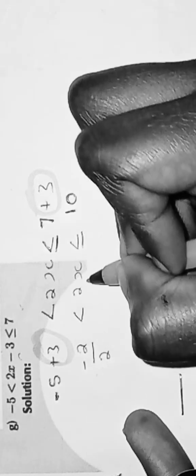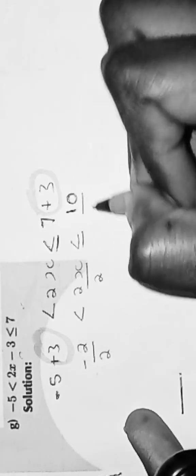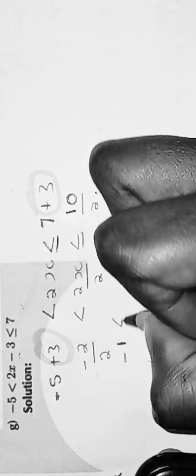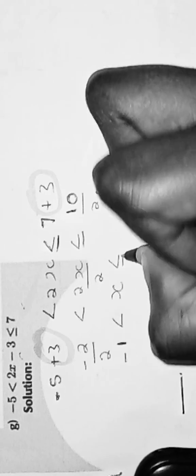So we're going to divide both sides by 2. -2 divided by 2, you get -1. Here you get x, and 10 divided by 2 is 5.